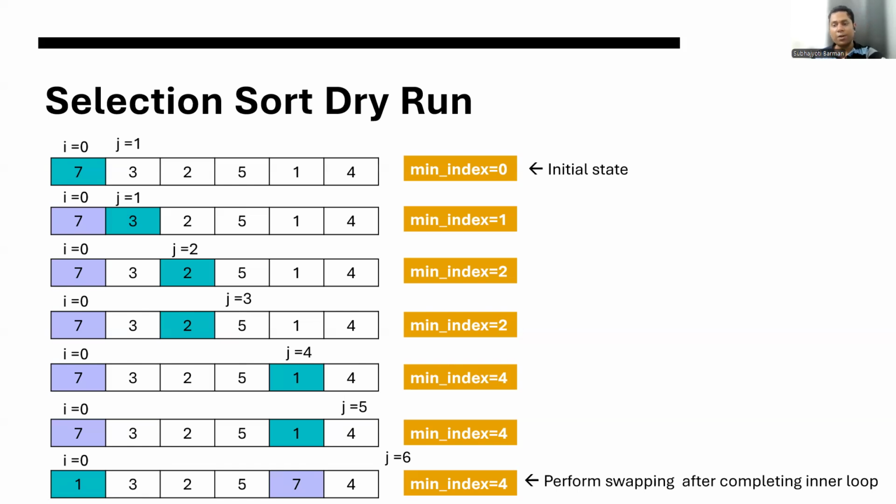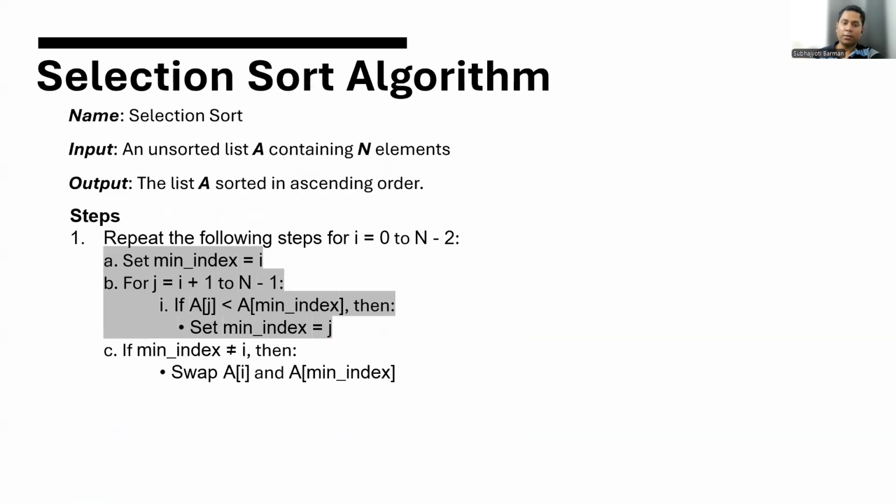The final outcome will remain the same as the bubble sort. The operating principle is very similar. In case of bubble sort, you can also place the smallest element in its correct position, in the first position, right? But in that case, you have to perform several swaps. But in case of selection sort, in each iteration of the outer for loop, we have to perform only one swap.